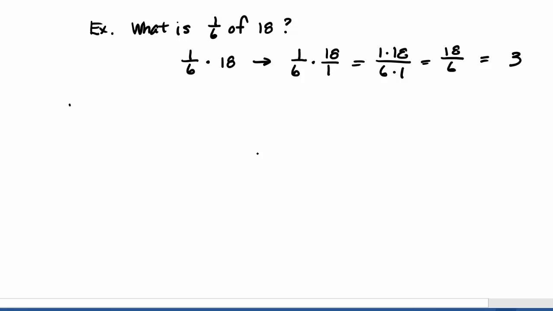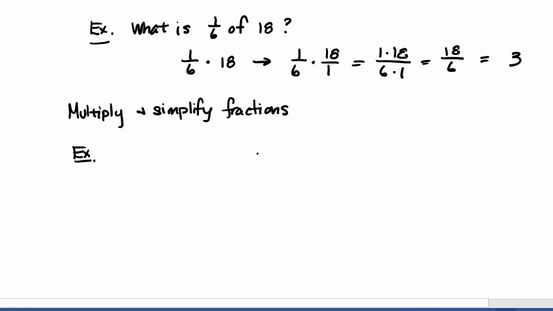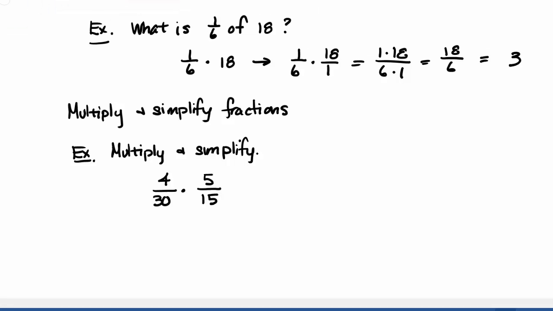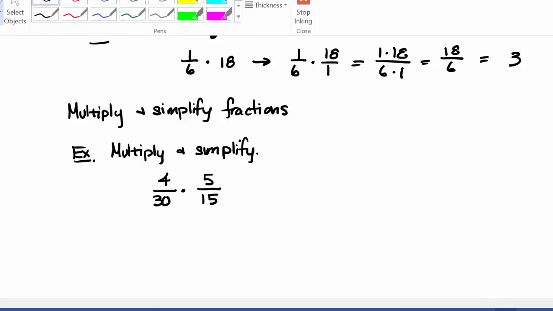So if we want to multiply and simplify fractions, for example, multiply and simplify 4 over 30 times 5 over, oops, 5 over 14, I want to make it.